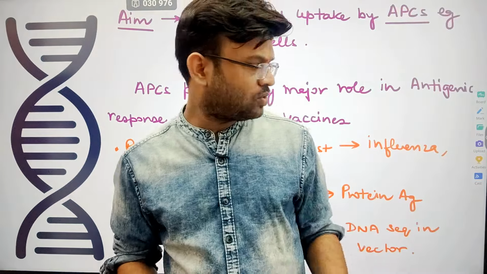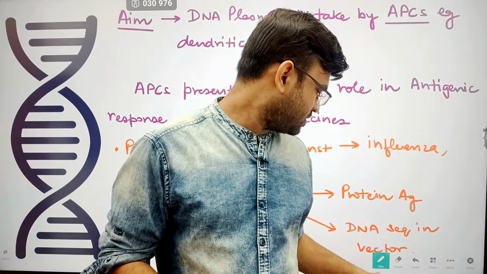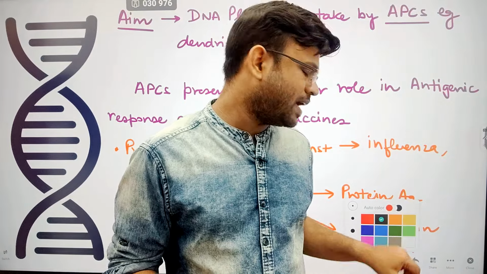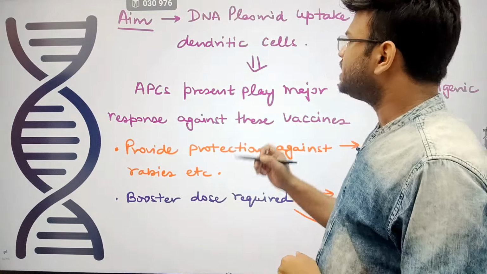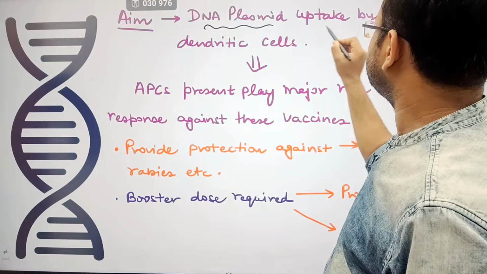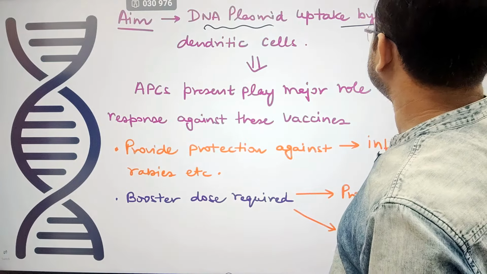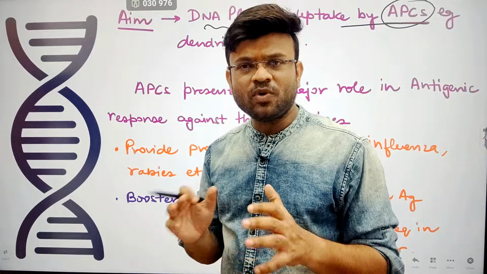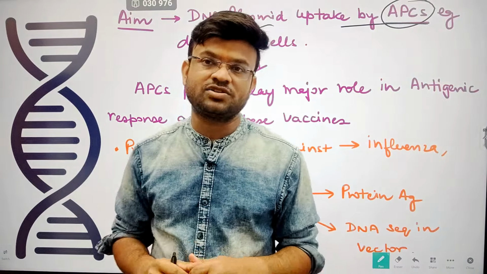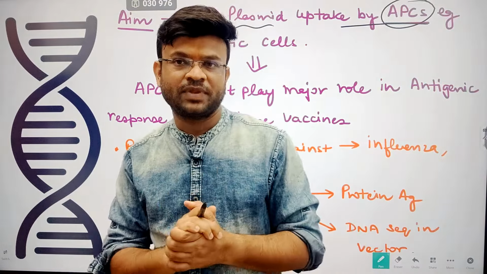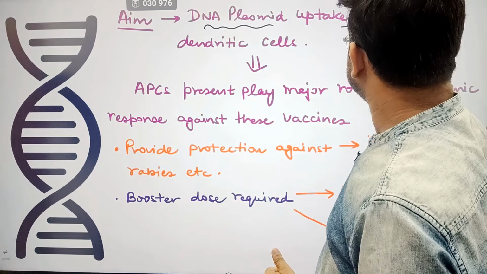Coming to the aim. So what is the aim in DNA vaccines? What do we aim? The aim is DNA plasmid uptake by antigen presenting cells. What I want is that the antigen presenting cells should somehow take up the DNA, right? So what are the antigen presenting cells?